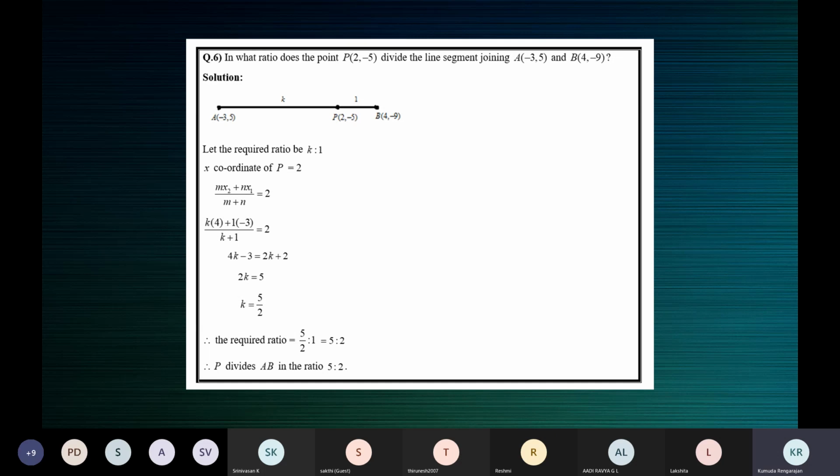When we do not know the value of something, we do assume, let that something be equal to x, or let that something be equal to y. So similarly, we don't know the ratio here. So let the ratio be k. But then it doesn't sound good, no? When you say let the ratio, actually we are calling it k only. K means k/1. Was that convincing?